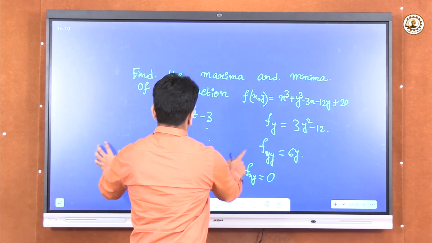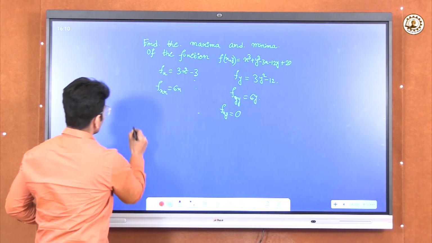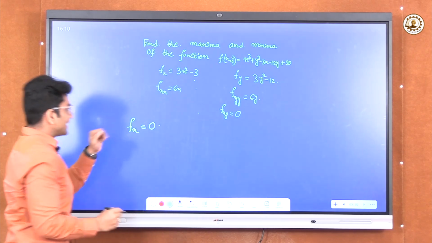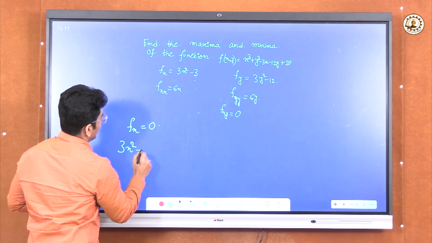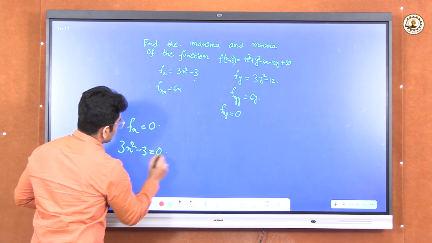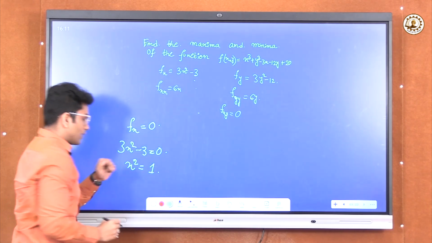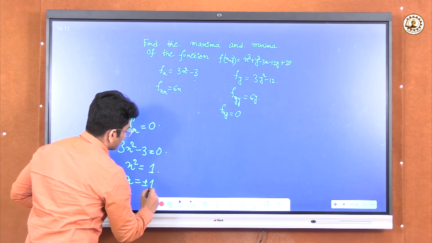If I take fx equal to 0, I will have 3x square minus 3 equal to 0. So x square is equal to 1, and the solution will be x equal to plus minus 1.